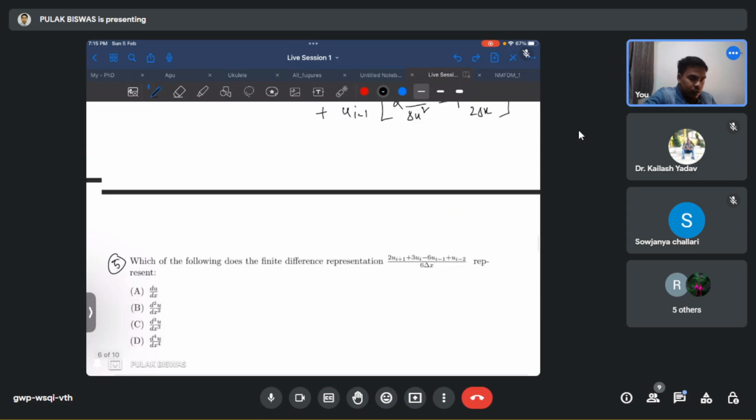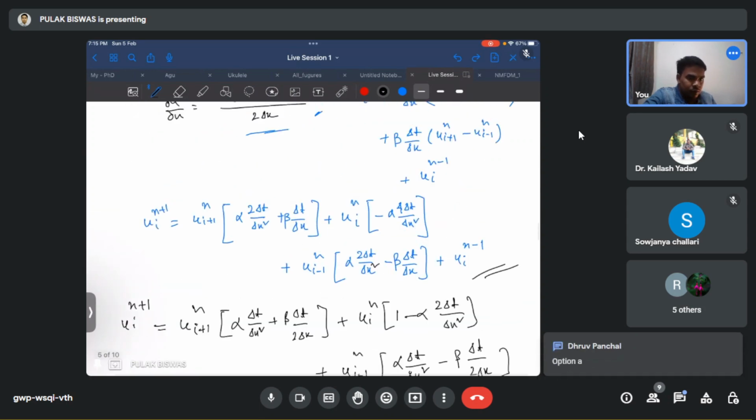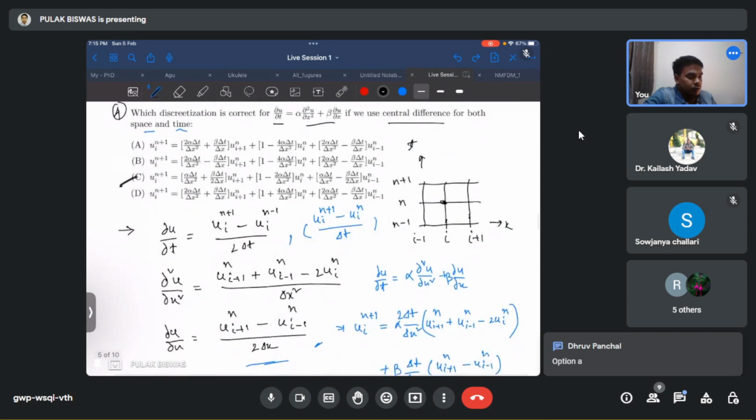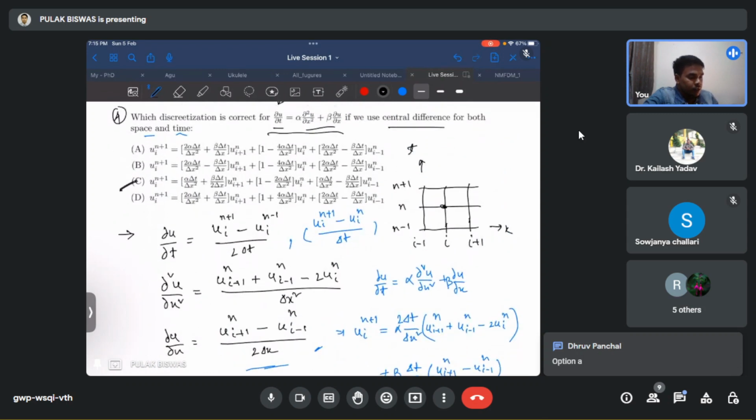So here we were doing, from the expression, we were using the derivatives to go forward. So here we were using the equation and replacing them with the finite difference approximations.